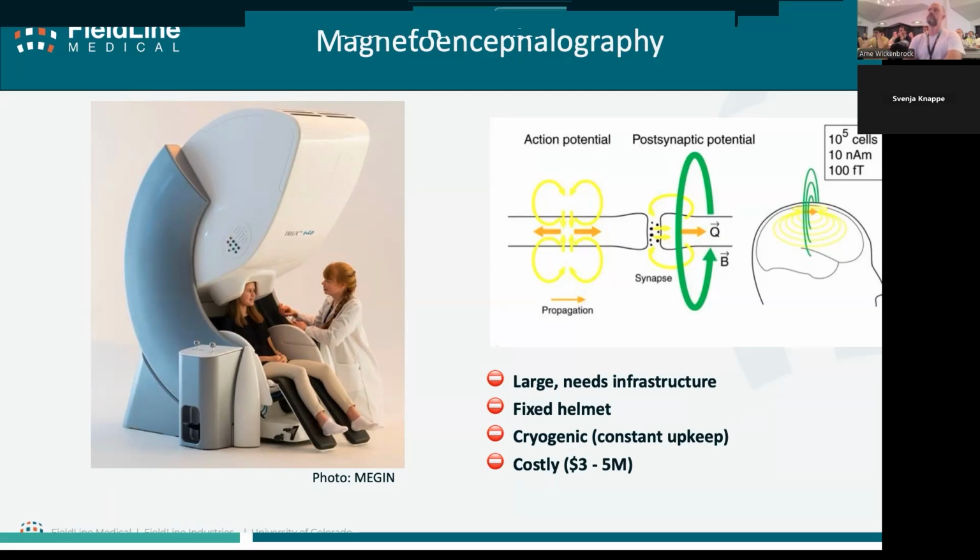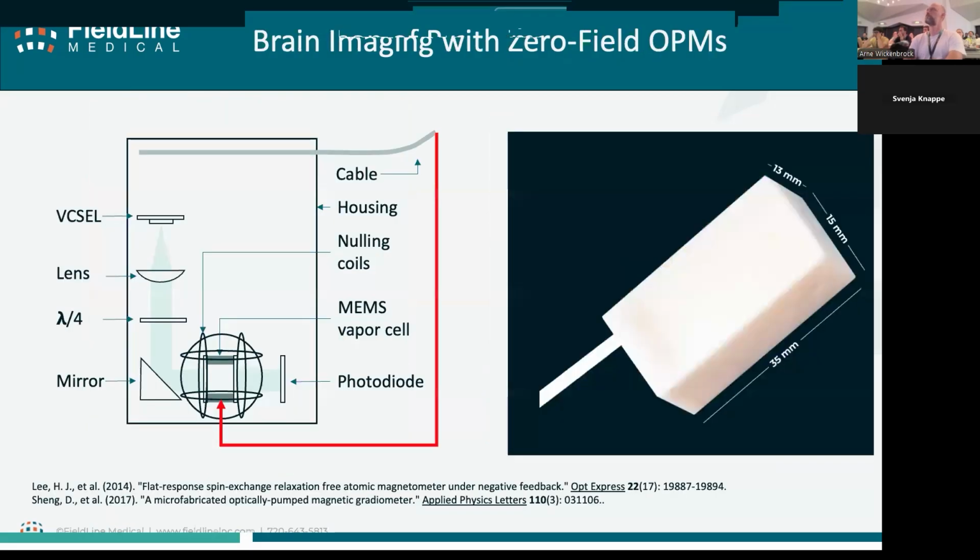It's also cryogenic and very expensive. So what we really want to do is build small magnetometers and have an uncooled alternative to these cryogenic systems. This is the sensor we built. It's one of those Hanle magnetometers, a zero-field magnetometer operating in the SERF regime.